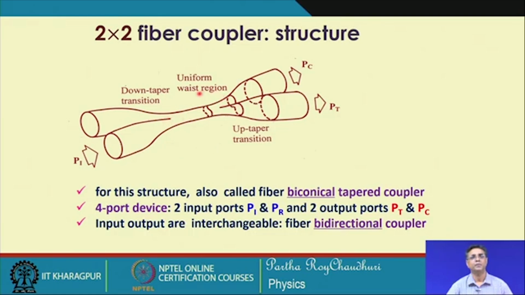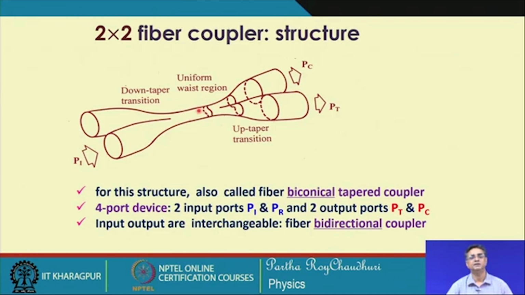If they are heated, fused and pulled, it will form a down taper transition, a uniform waist, and then an up taper to form the optically isolated pair of fibers. So, we started with two isolated optical fibers, brought them in contact, and then fused and pulled.